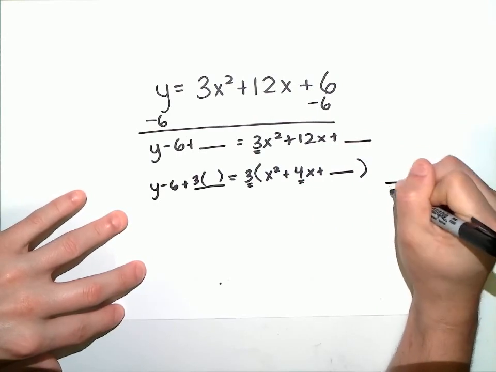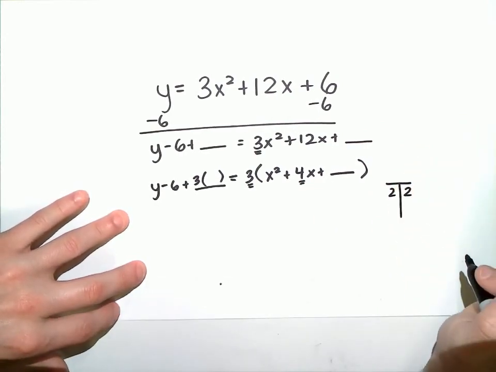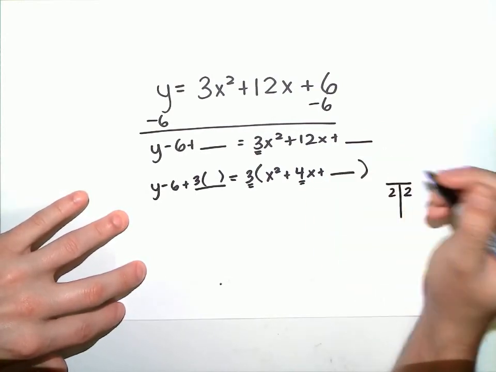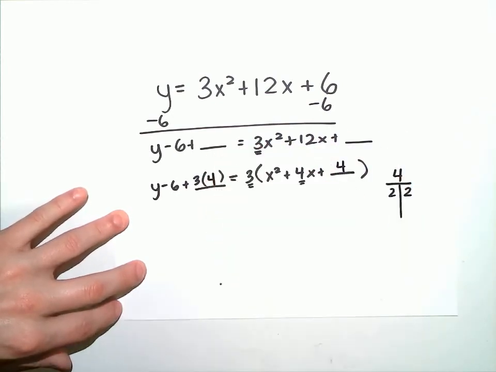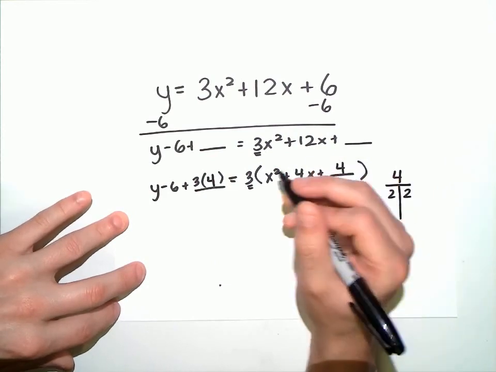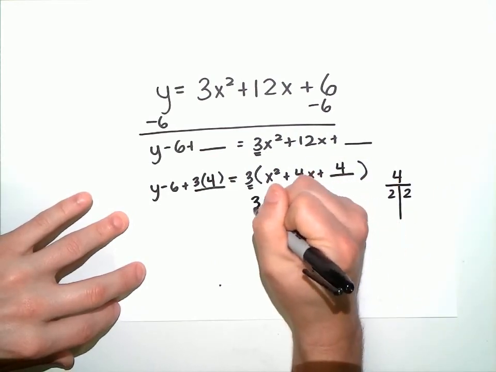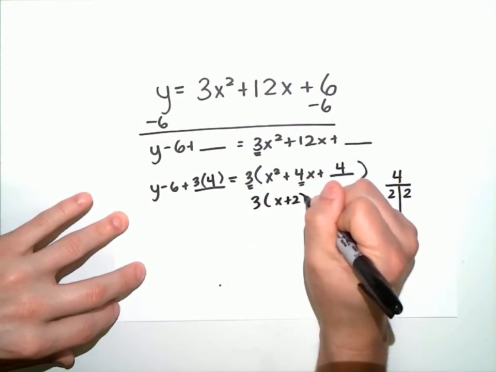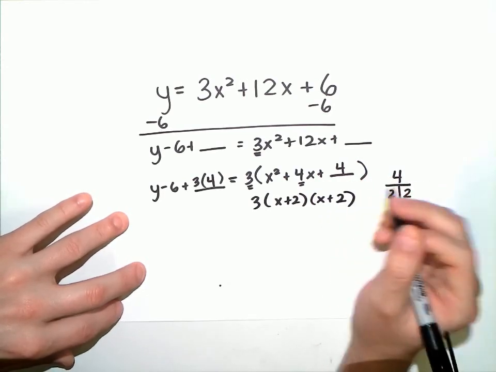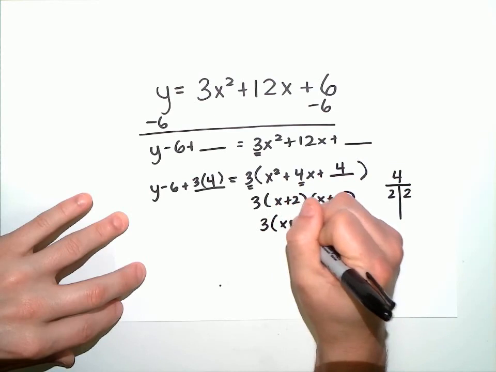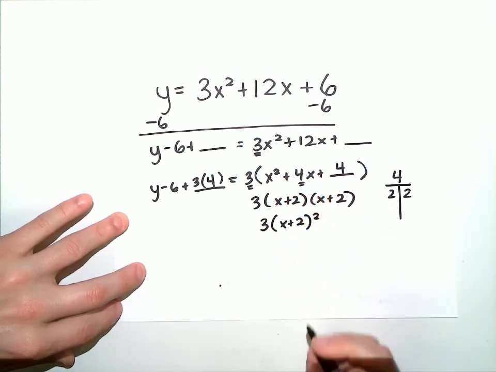We're going to split up our 4 now to figure out how to fill in the blank over here. And the 4 is going to go into 2 plus 2. And 2 plus 2 is 4, but it also multiplies to 4. So we're going to add a 4 in our blanks. We will write this in factored form, 3 times x plus 2, x plus 2, which will ultimately be 3 times x plus 2 squared.